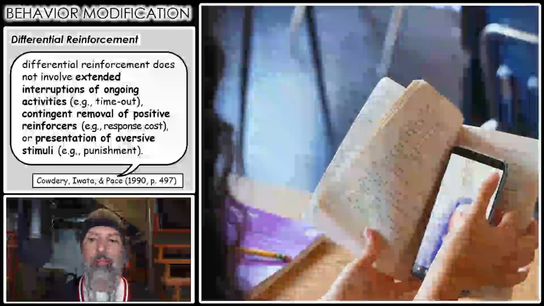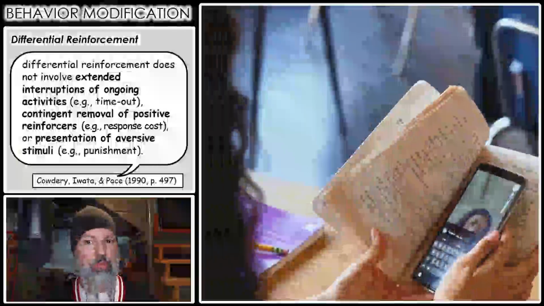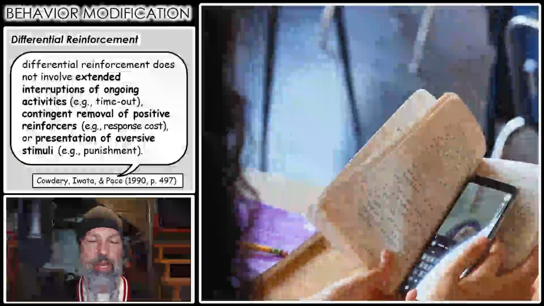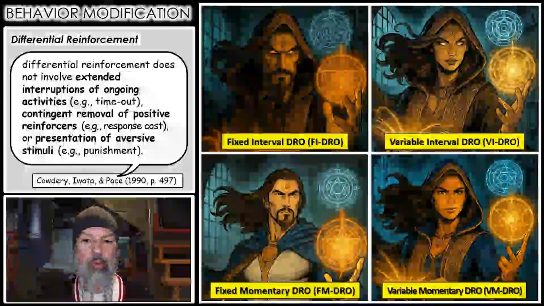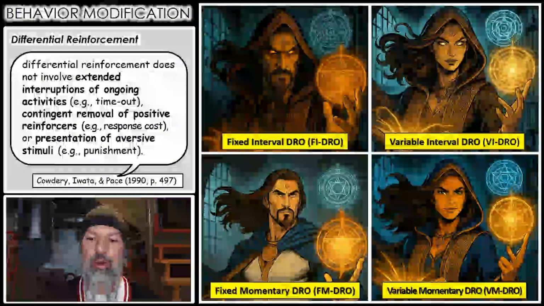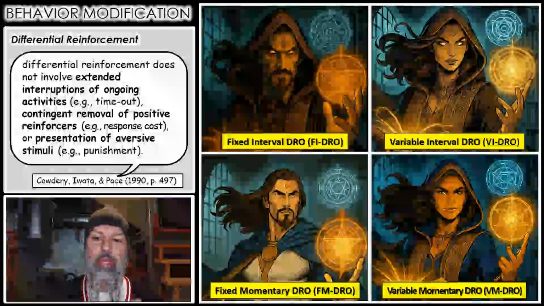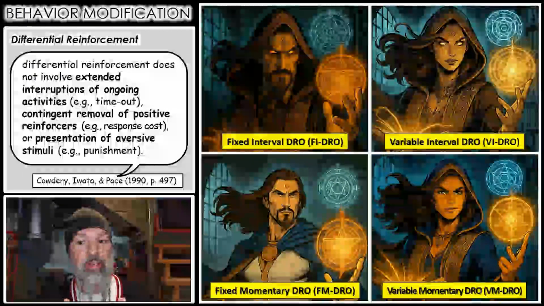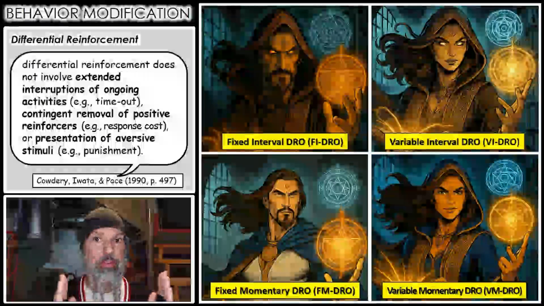Also be aware of momentary differential reinforcement of other behavior. So we talked about momentary differential reinforcement of other behavior, especially fixed momentary DRO. That could simply reinforce brief pauses before the interval expires.